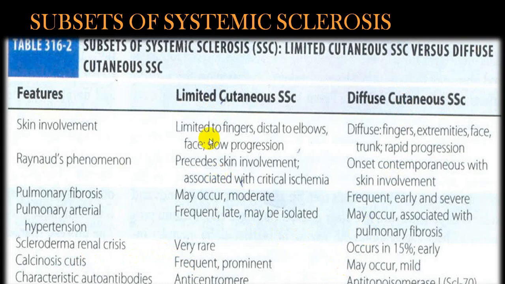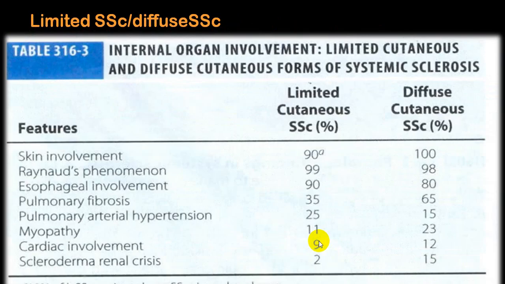And anti-centromere antibody is positive here, while anti-topoisomerase, also called anti-Scl-70, is positive there. Same difference again mentioned in limited and diffuse variety percentage wise. What is more involved? At your leisure time you can go through.